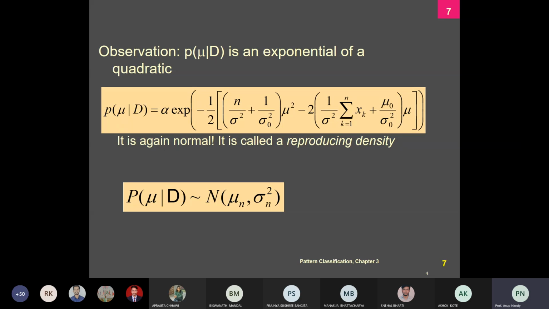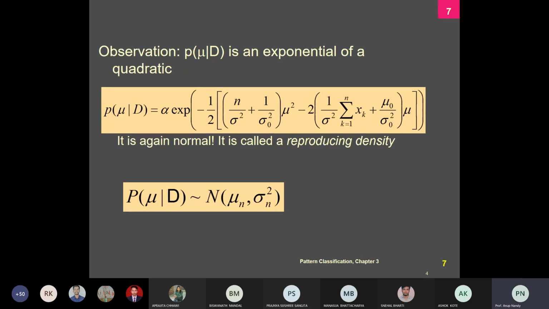Now if you have very large samples, with n tending to infinity, this density will be a very close approximation to the normal density, where n is a sufficiently large number, with mu_n and sigma_n square. As the number of samples is increased, P(mu given D) is said to be a reproducing density, and P(mu) is said to be a conjugate prior.